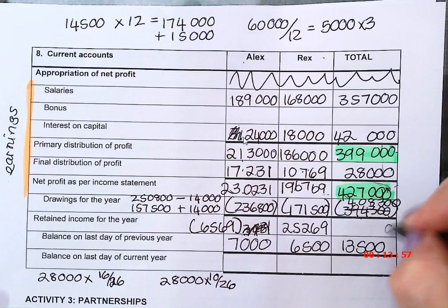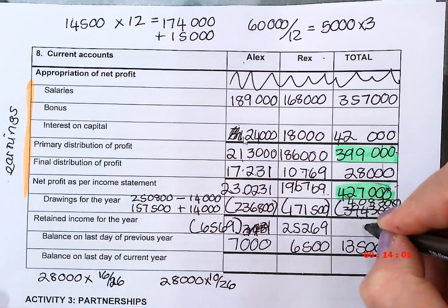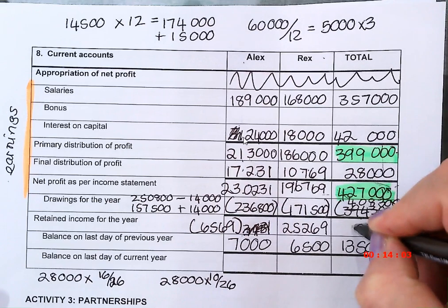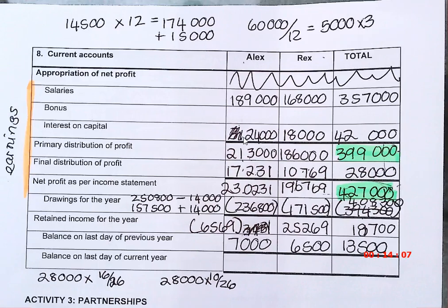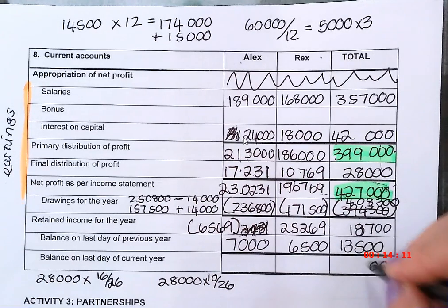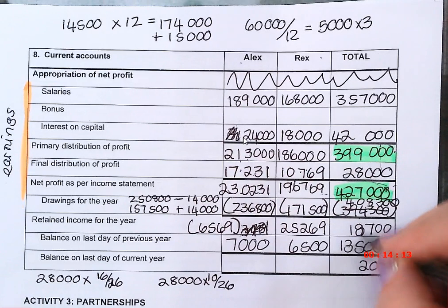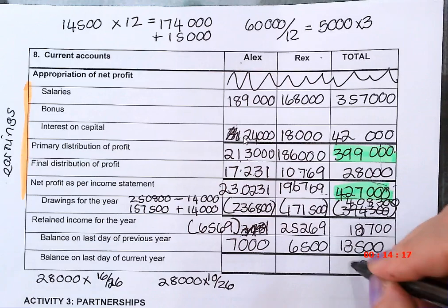And for total? 18.7. Okay, now I go down again. 7 and 5 is 12. 4 and 8. It's also 12.